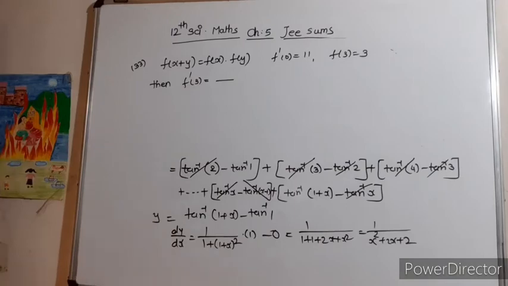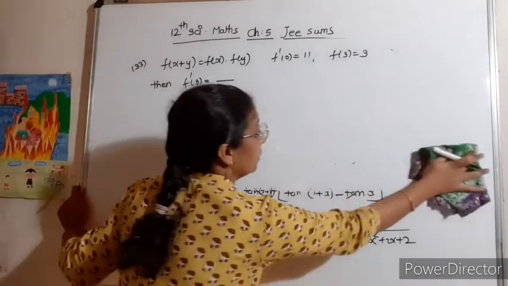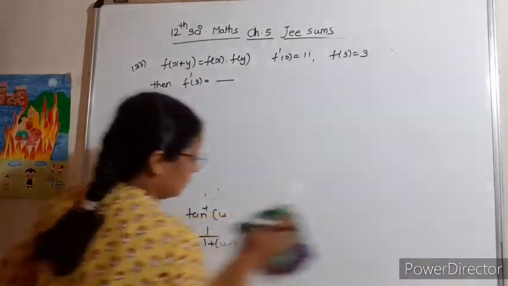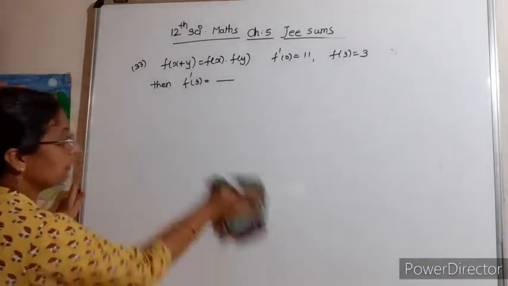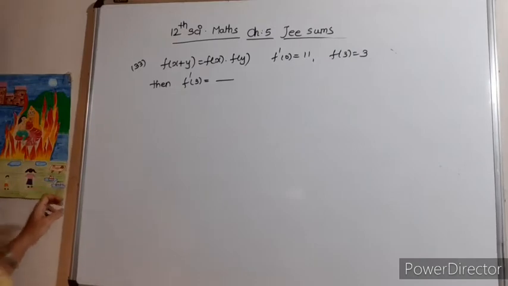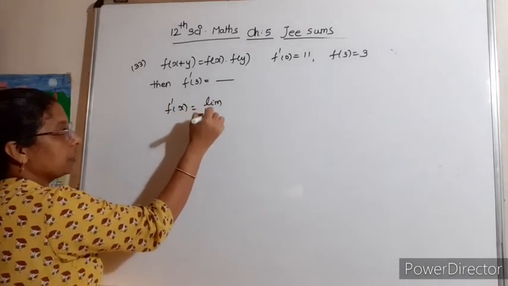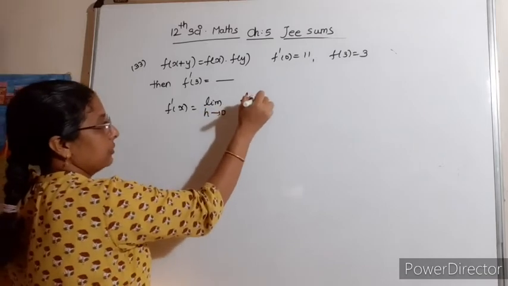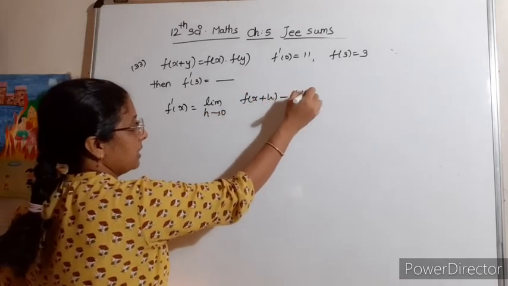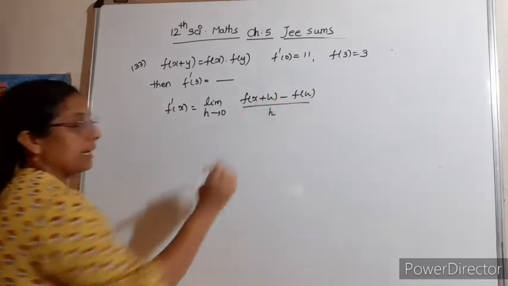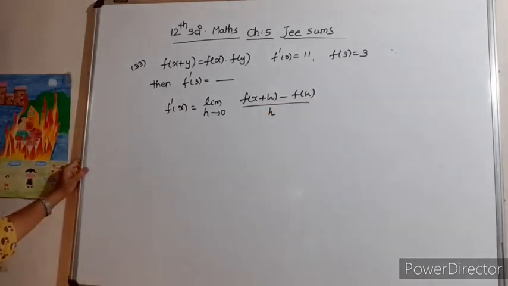First of all हम क्या करेंगे? उसकी डिफरेंशिएबल फंक्शन है, सो डेरिवेटिव की फॉर्मूला लिखेंगे. So that f dash x is equal to, what is the formula? Limit h tends to 0, f of x plus h minus f of x upon h. If the function is differentiable, then here is the formula.